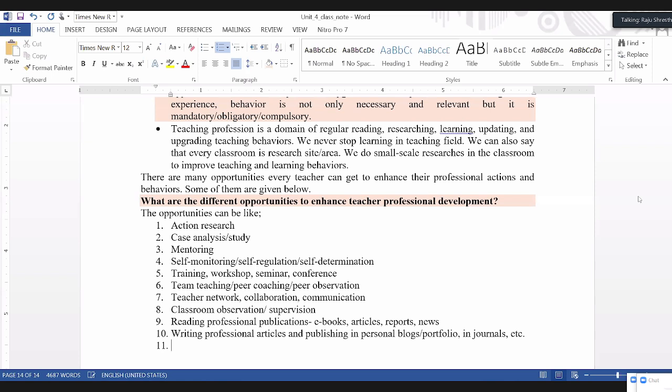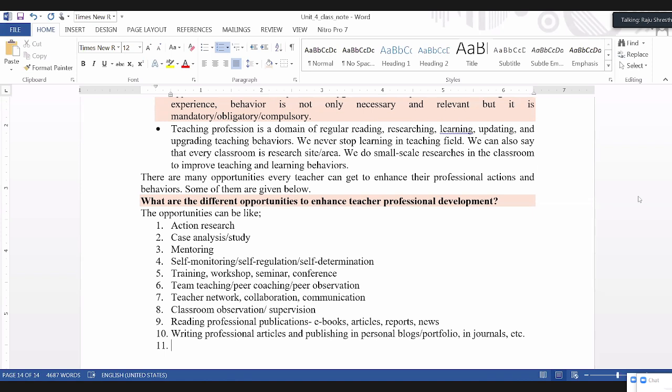Okay. Then action research, case study, mentoring, self-monitoring, self-regulation, determination, training, workshop, seminar, conference, team teaching, peer coaching, peer observation, teacher network, collaboration, communication, then classroom observation, supervision, reading professional publications like ebooks, articles, reports, news, and writing professional articles and publishing in personal blogs, portfolio, in journals, etc. These are some ways.